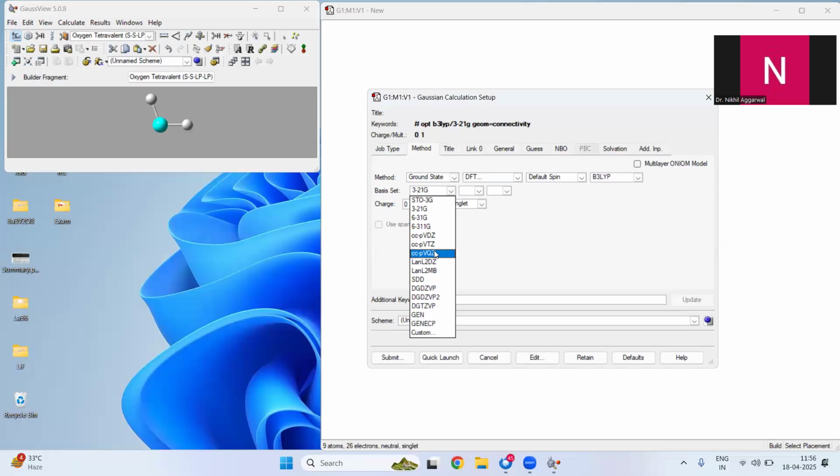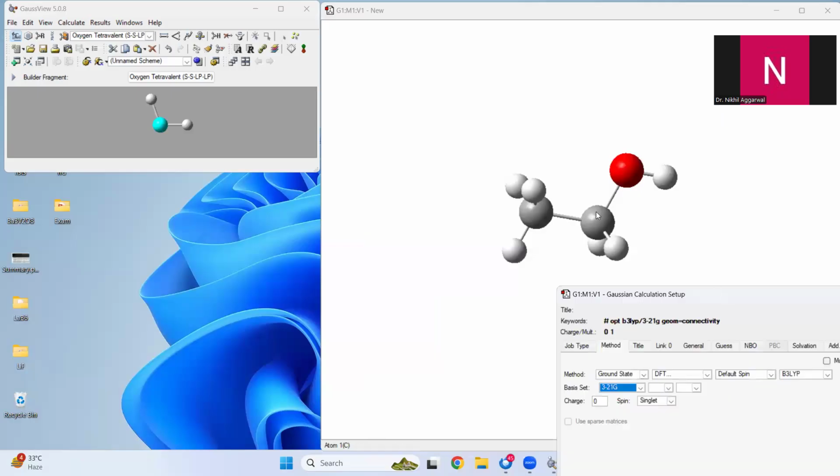You need to check the bonding characteristic of the molecule. If all the atoms are covalently linked, you can simply take 6-31G. If all of them are not covalently linked, then you have no other choice. You need to go with the LANL. I did not get it, sir. See, look at the molecule of ethanol. Wait a minute. In ethanol, all the atoms are linked covalently with each other.